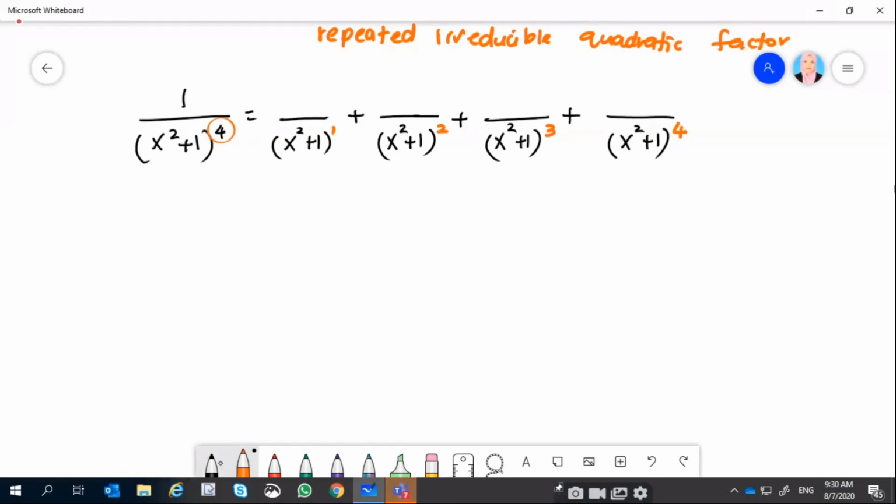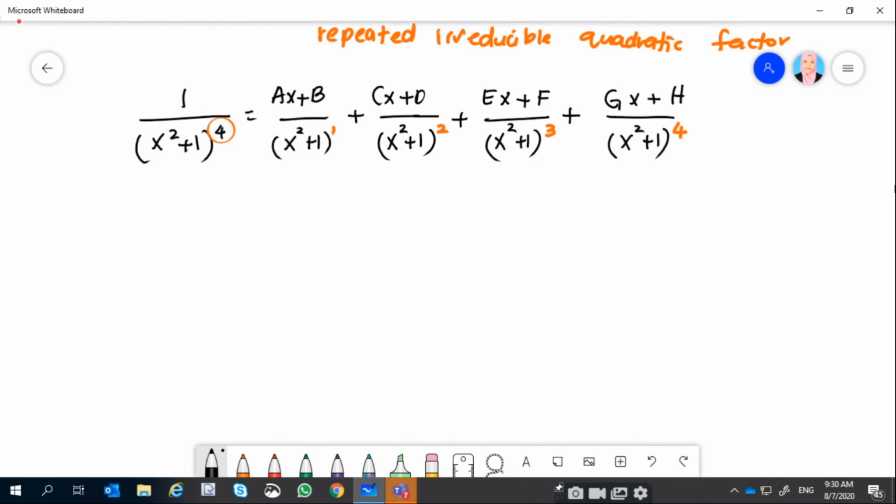For the numerator part, you will have the first one As plus B, then Cs plus D, Es plus F, then Gs plus H. So how many constants? 5, 6, 7, 8. 8 constants.